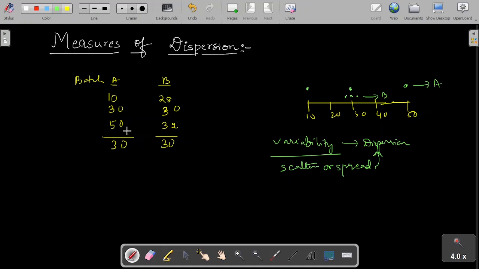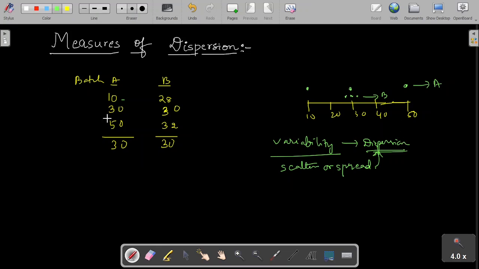But when you go with the dispersion, or how the data is scattered or spread, then you will get to know that this class has a slow learner, one average student, as well as one advanced learner. That picture you will get when you have the concept of dispersion. So that is the significance of learning dispersion in statistics.